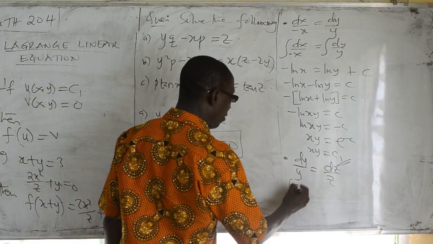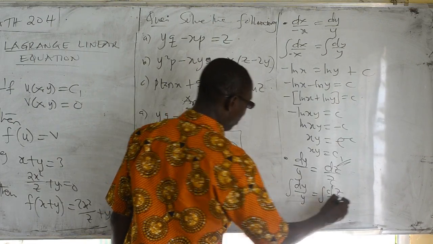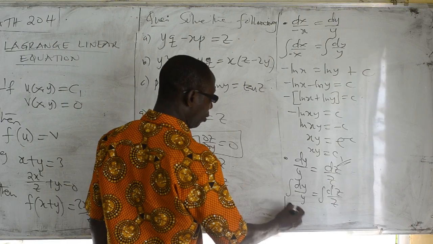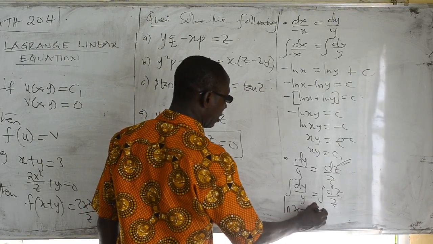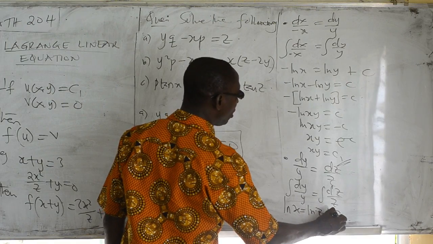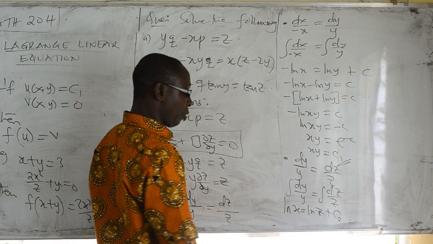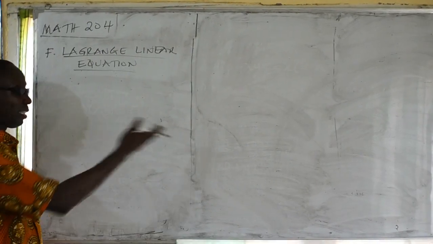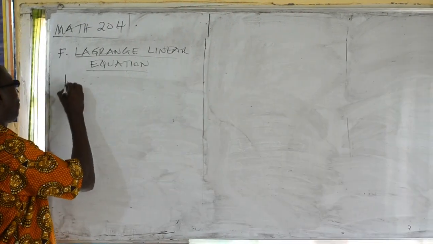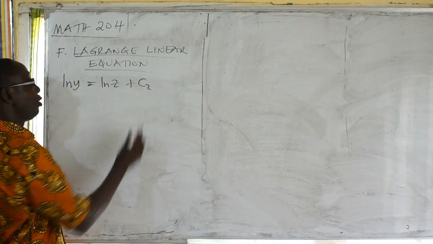So we have integral dy over y, integral dz over z. This is ln of y is equal to ln of z plus c2, as my constant.